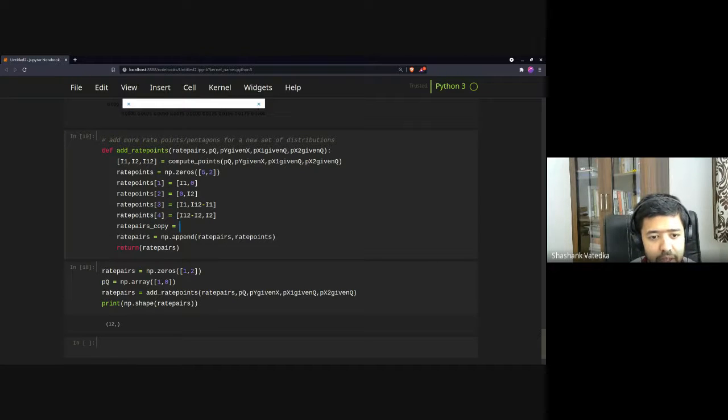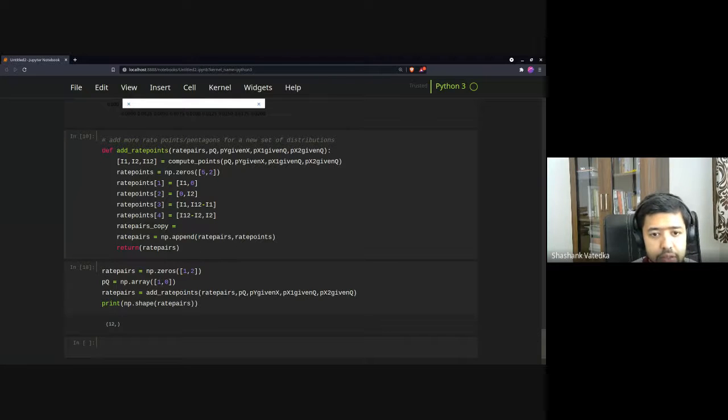So here's just a hack I'll do. I'm just going to increase. So essentially, I already have computed some set of rate pairs, and I need to add 4 more pairs. So let's try to do that.